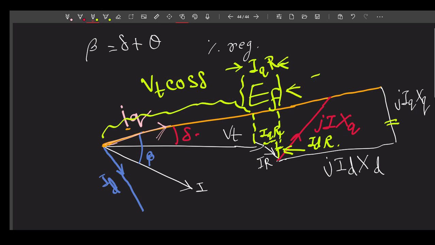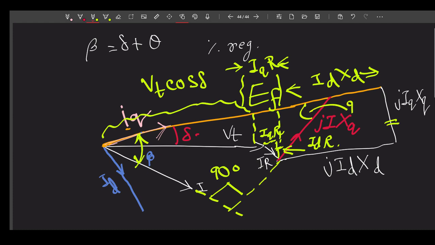This part is IdXt. Now let us draw this line. So this is 90 degree. This much is your beta, and this is 90 minus beta, right?